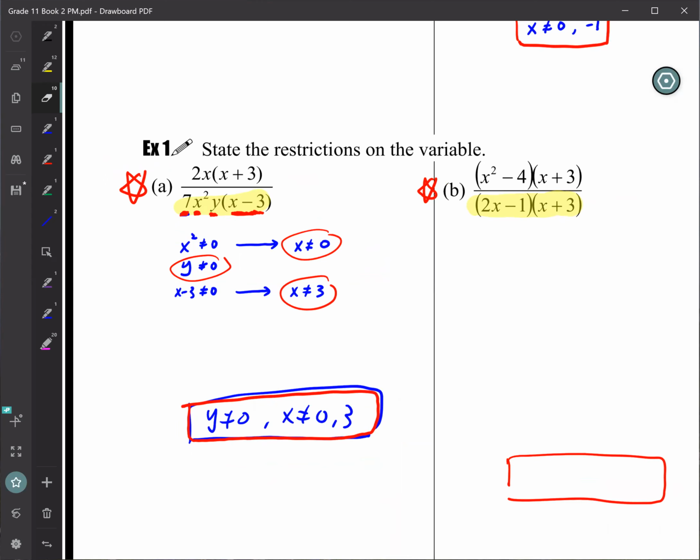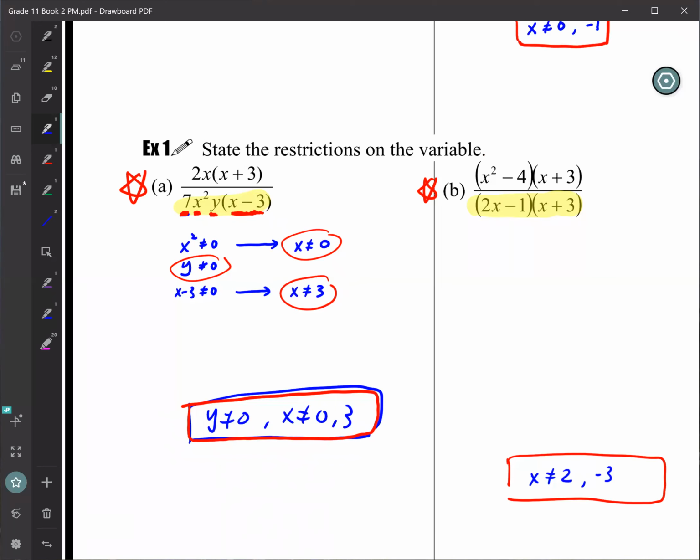Okay, what's your answer for B, Evan? I got x can equal 2 or negative 3. 2 or negative 3, like that? Yes. Okay, anyone else has a different answer?